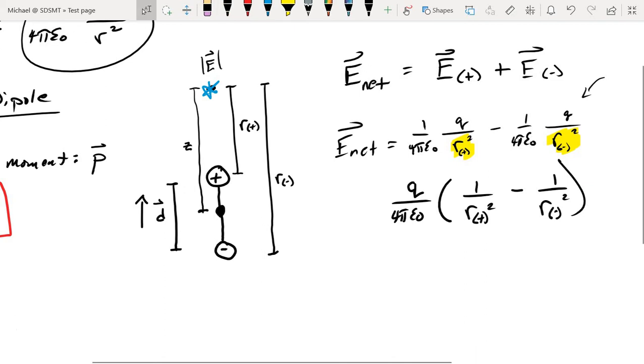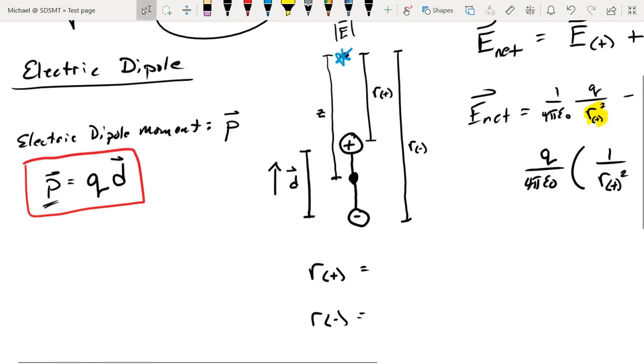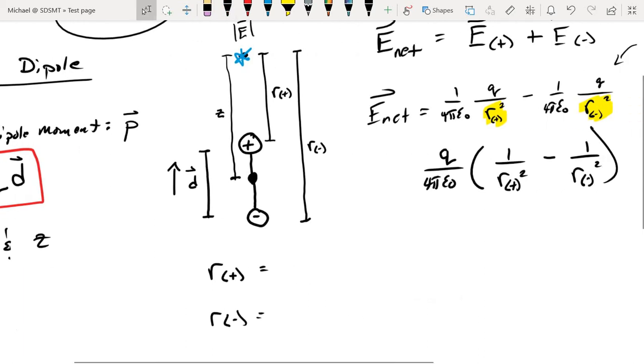So the way we're going to do that is we'll look back at our diagram that has all of these different distance measures, and we need to figure out how we're going to write R positive and R negative in terms of the things that the author wants, like D and Z. And we can see how that's going to happen now.